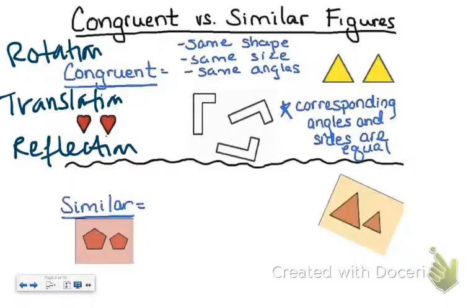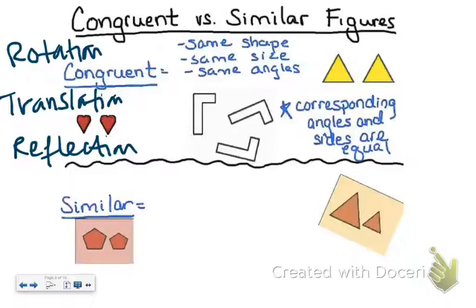The three transformations that we've been practicing over the past 2 weeks, we end up with the same exact shape, the same size, and the same angles. The only thing that's changed with this type of transformation is where it's actually located on your graph.